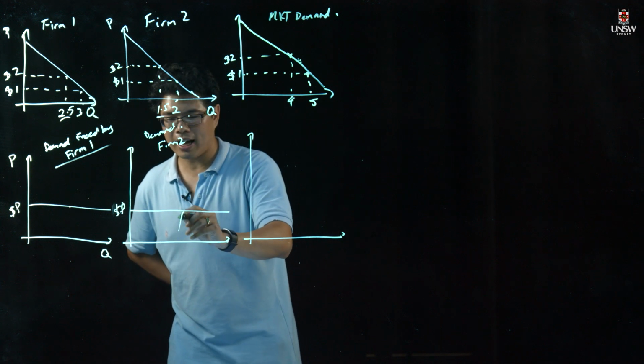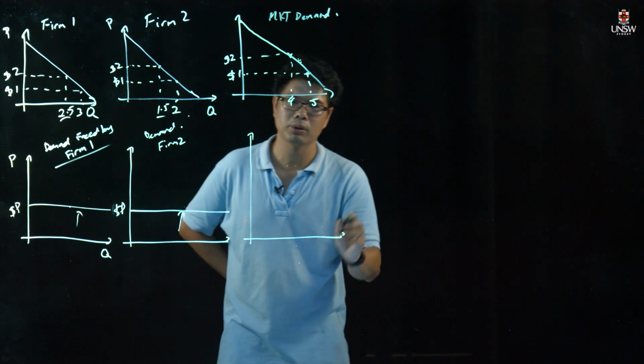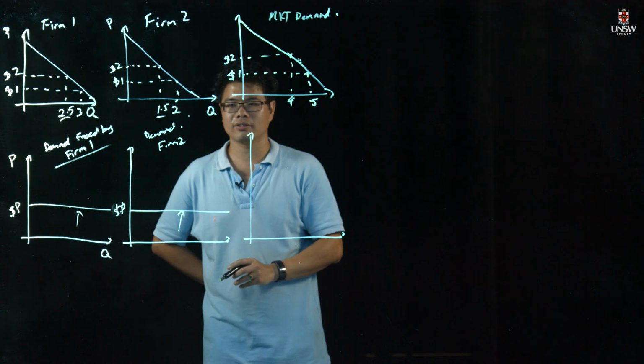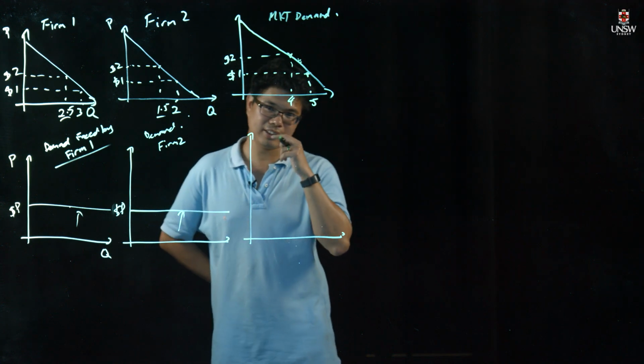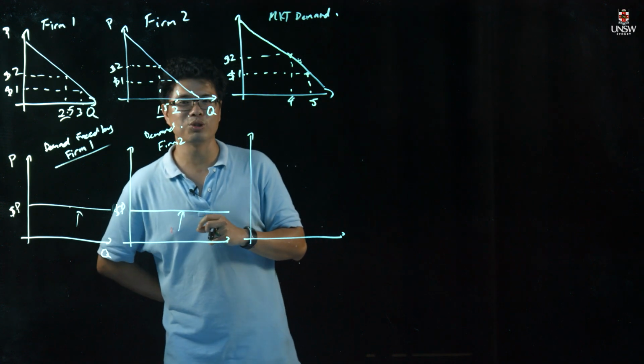Because if I add 2 horizontal lines, I should simply get a horizontal line. That was the paradox.